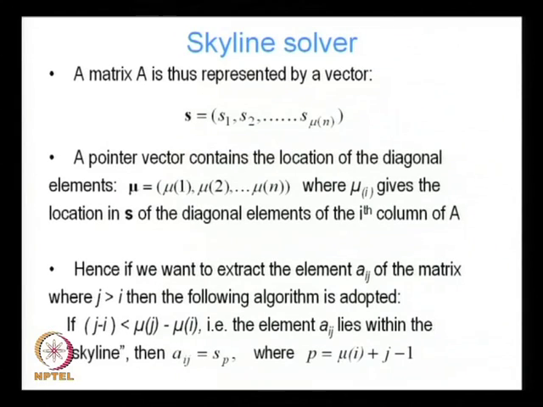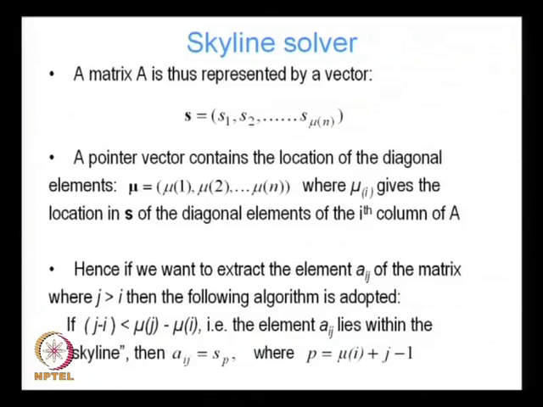The matrix is thus represented by a vector S equal to S1, S2 through S mu n, and in addition we need a pointer vector which contains the location of the diagonal elements. This pointer vector is mu, which has n entries, with mu1 representing the location in S where the first diagonal element resides. So mu1 always has to be 1, because for the first column the diagonal element is the first entry.